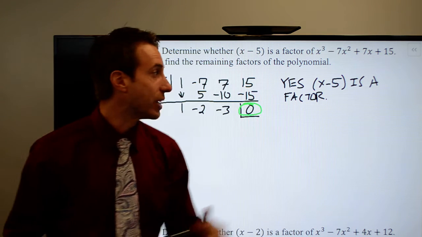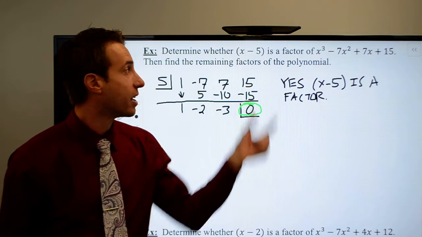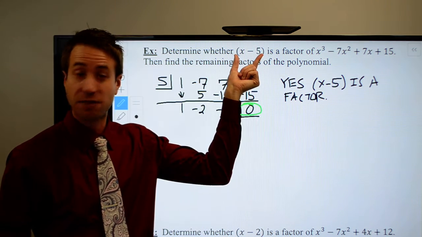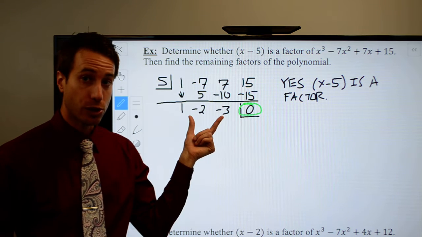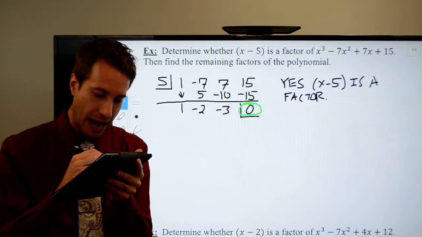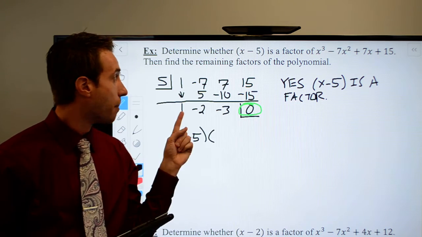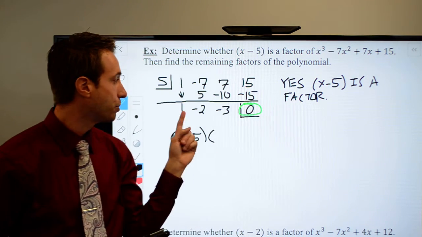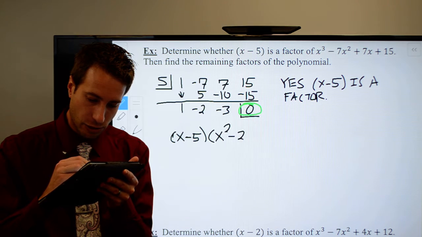So now what I do is I rewrite, right? This polynomial is now equal to this binomial, this factor, x minus 5, and my reduced polynomial, which I get from the synthetic division. So I now have x minus 5, and my original polynomial was x cubed, so now it's going to be an x squared minus 2x minus 3, right?